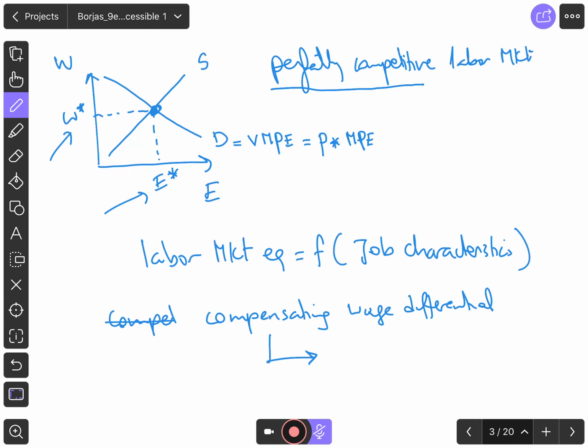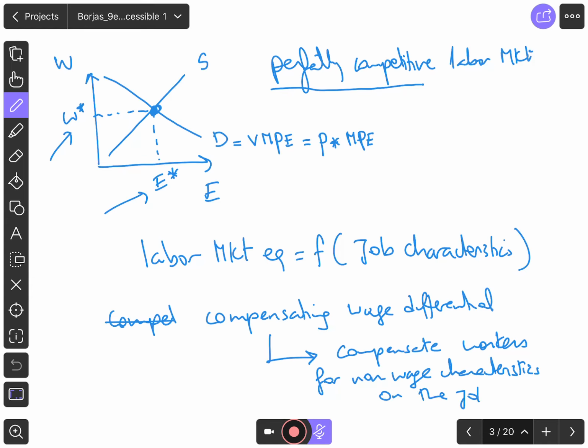So it's actually compensation, or compensating workers for non-wage characteristics on the job.